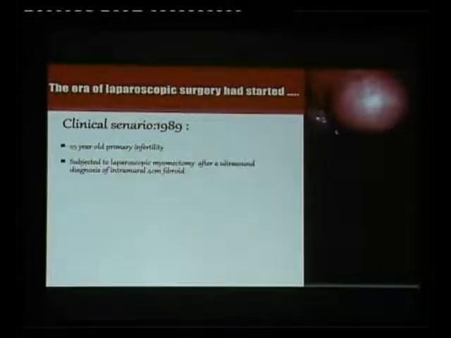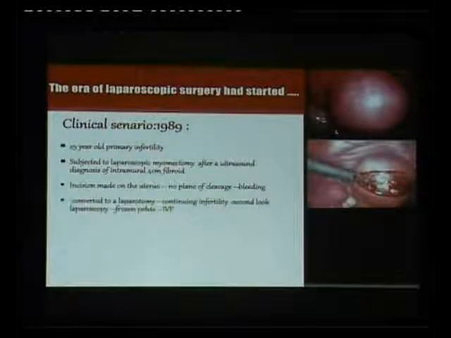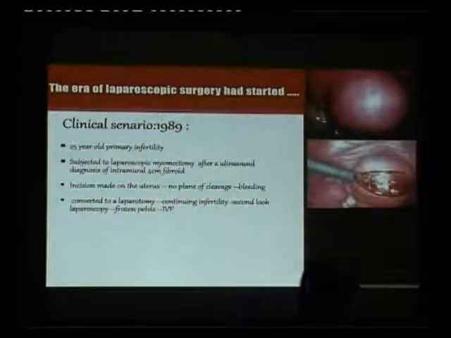This was a 25-year-old girl with primary infertility, who was subjected, on the basis of an ultrasound finding of an intramural 4-centimeter myoma, to a laparoscopic surgery. We made the incision. These are true cases and true experience. We made an incision on the uterus, and there was no plane of cleavage, a lot of bleeding. We converted this to a laparotomy to control the bleeding.